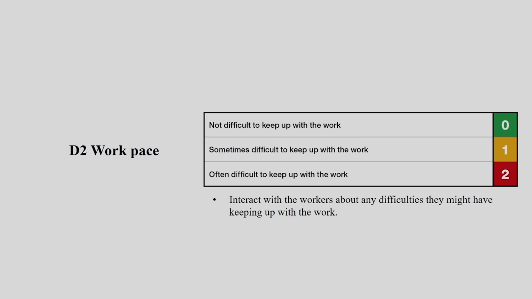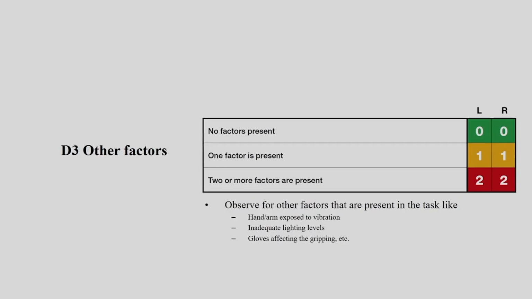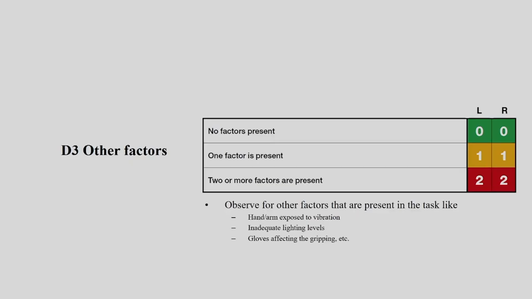So interact with the workers about any difficulties they might have keeping up with that particular work. This information you should gather from the worker. Some more factors: if you see some more interrupting or influencing factor is present, or if nothing is present, then 0.